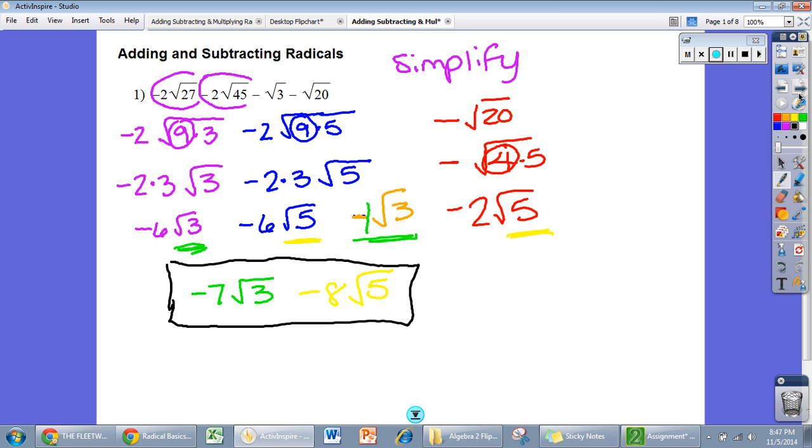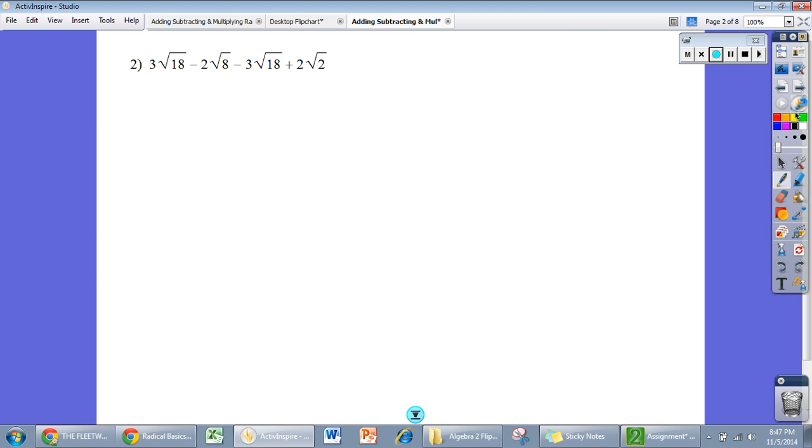Let's look at the next problem. Alright, just like before, let's break it down. 18 breaks down to 9 times 2. And 9 is a perfect square, so we have 3 times 3, because the square root of 9 is 3, square root of 2. 3 times 3 made my 9 square root of 2.